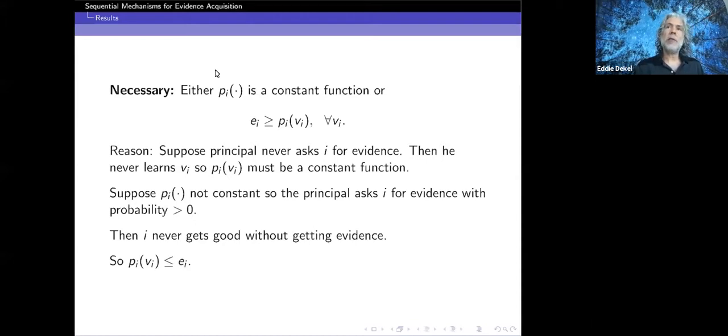What's the condition on evidence? Either we don't ask for it, in which case the P is a constant function, or we ask for it, in which case the probability with which we ask for it has to be at least the probability that we give the good, because we can't know the evidence unless we ask for it.